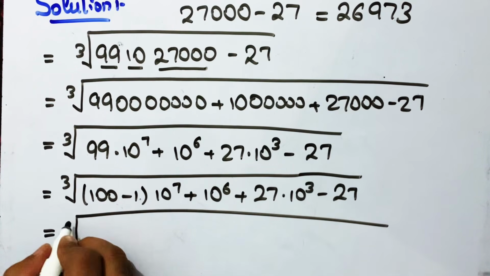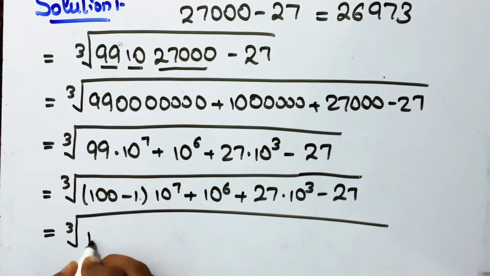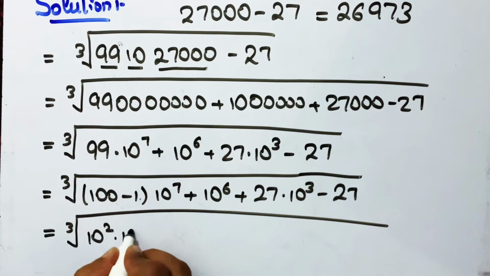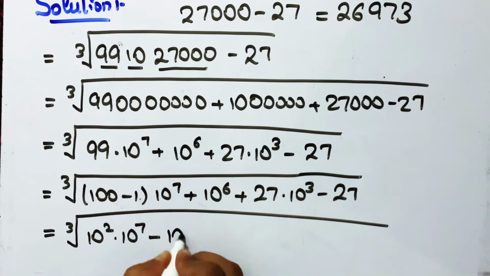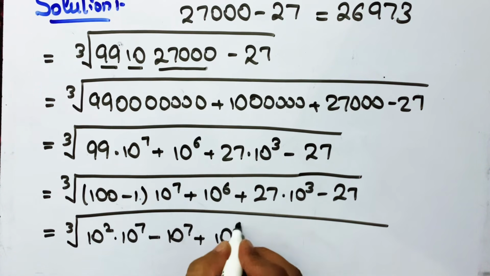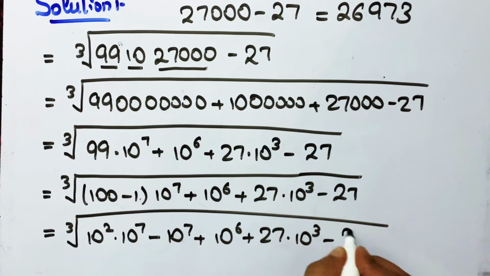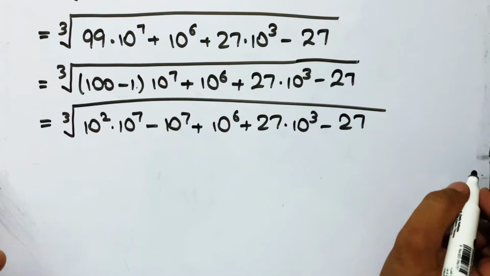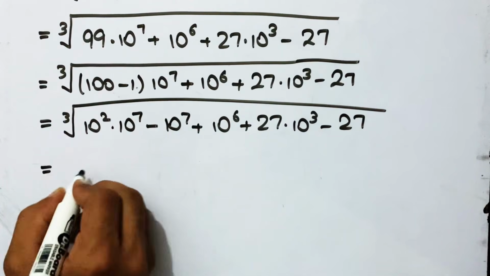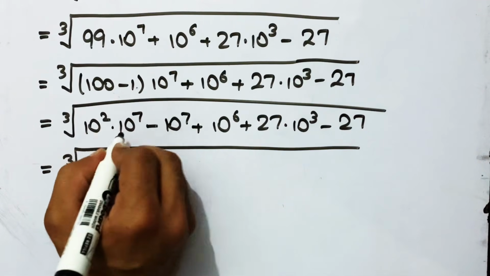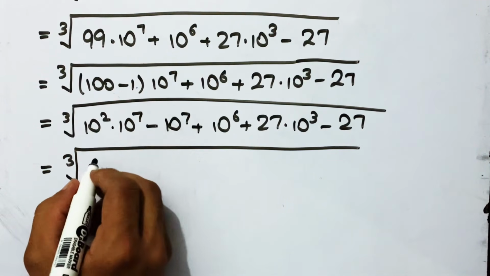Since 100 is 10 raised to the power 2, I multiply it with 10 raised to the power 7, minus 1 into 10 raised to the power 7, plus 10 raised to the power 6, plus 27 into 10 raised to the power 3, minus 27, all under the cube root. If the bases are the same, the powers will be added.